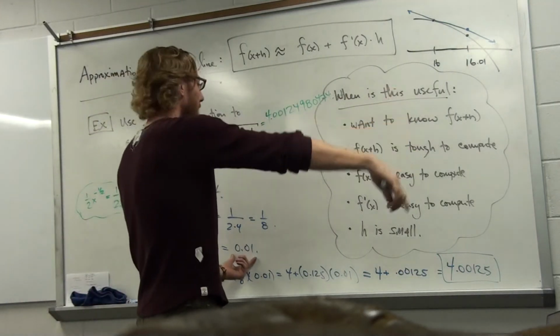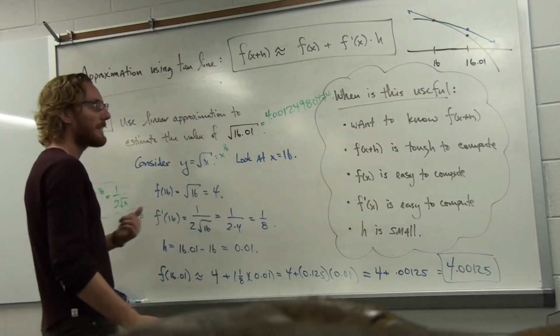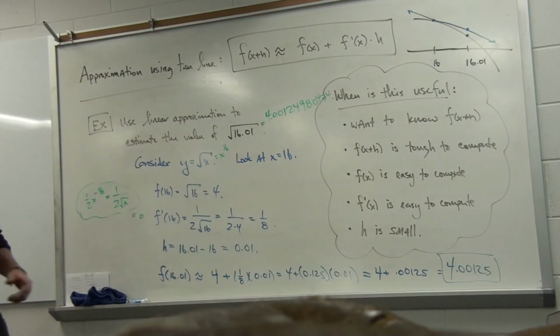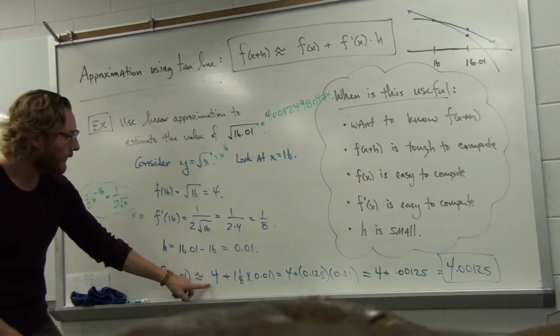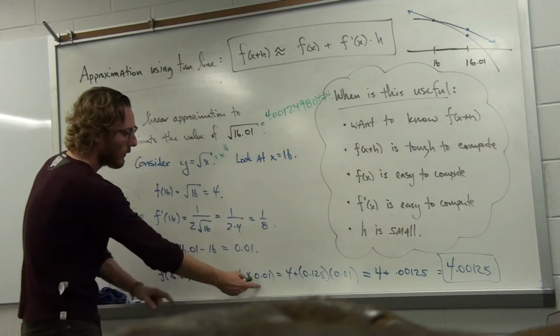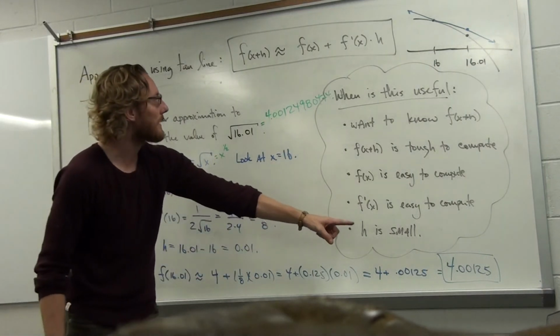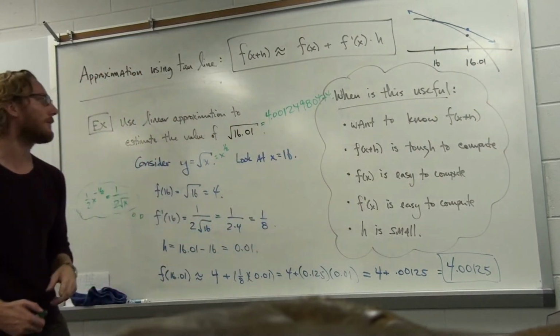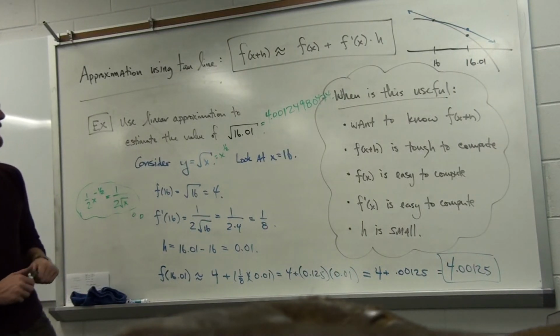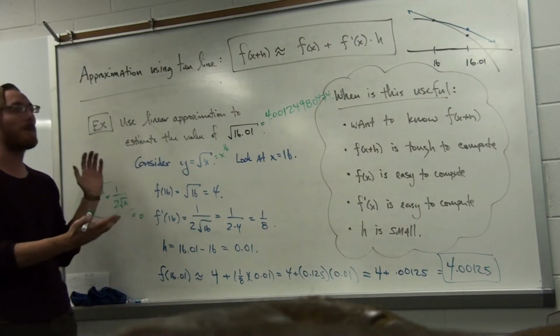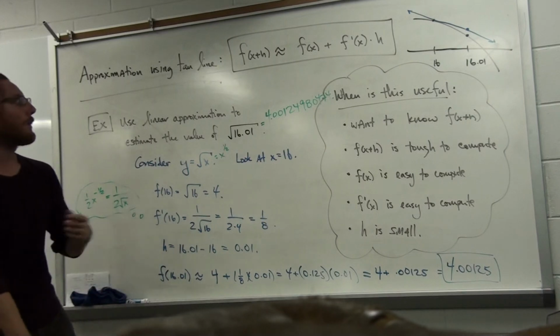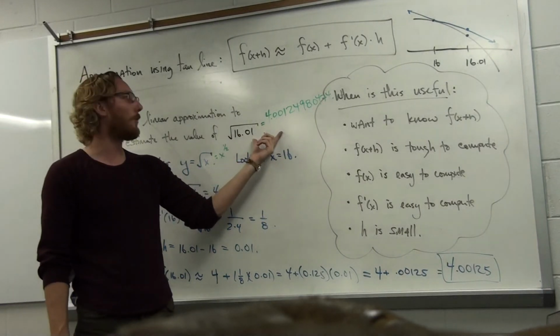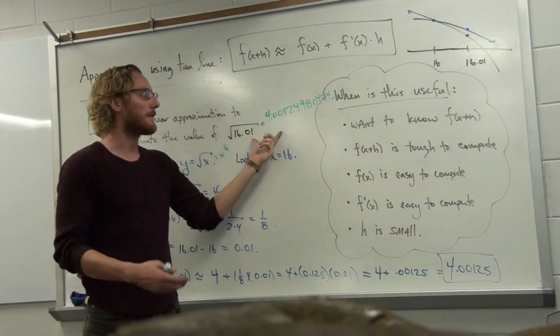If you're moving to the right, this is going to be a positive h. If you're moving to the left, this is going to be a negative h. Then you take the original function value plus the change in y, which is the slope times the change in x, and you get something that is mighty close to the actual value. And in some sense, this is a victory of computation, because this is something that you could do on a desert island, whereas this guy is something that would be almost impossible to do in such a circumstance.